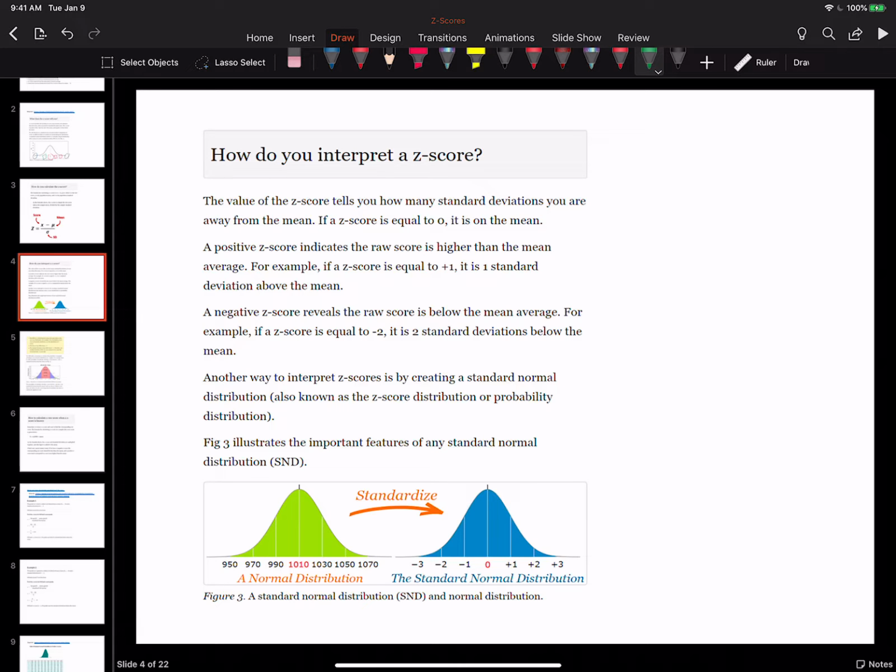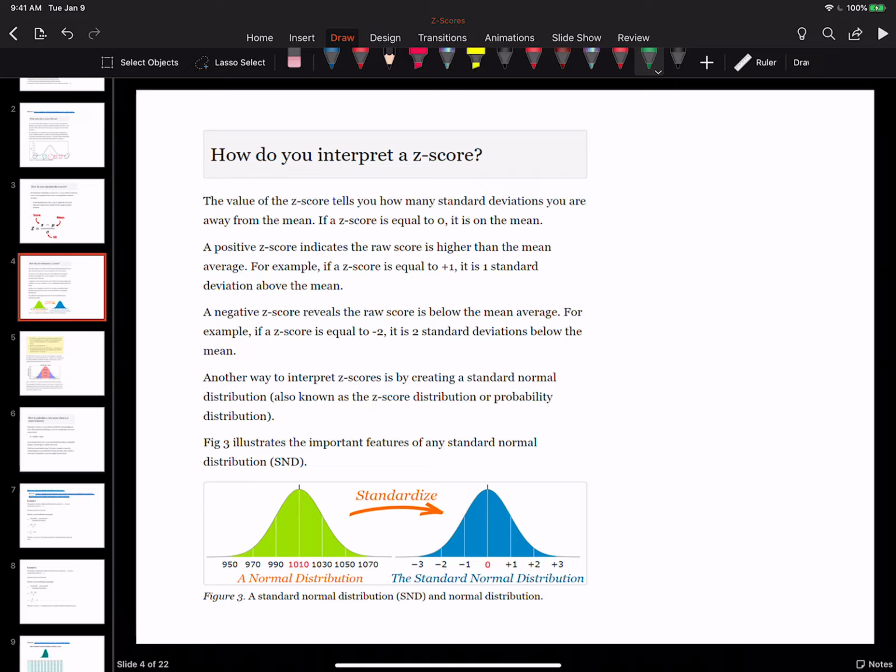Now, if you notice what's going on right here, the graph in green on the left shows data from a regular data set in a regular situation.